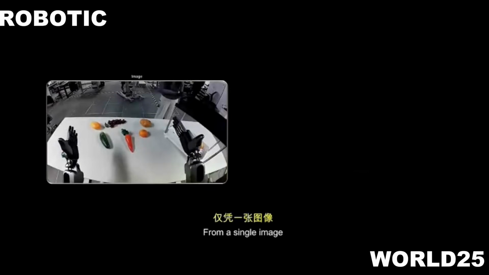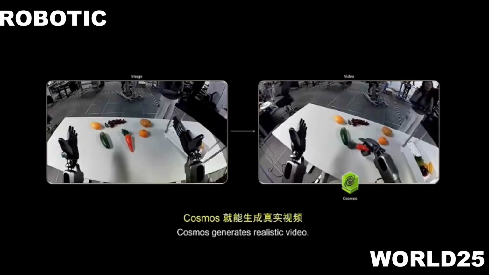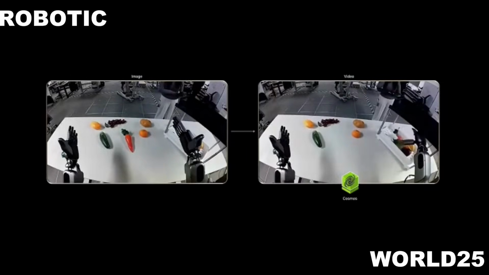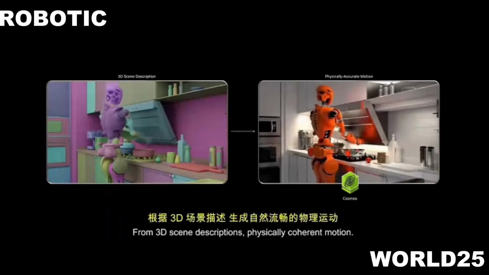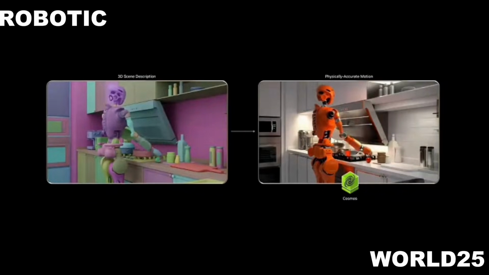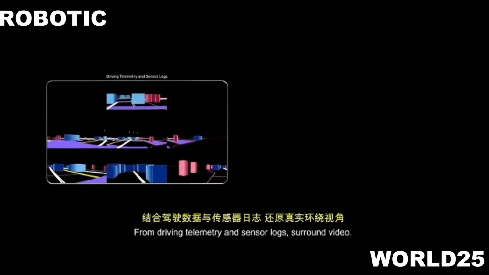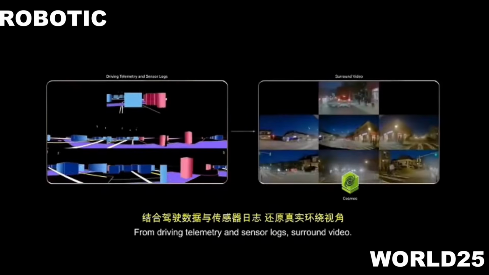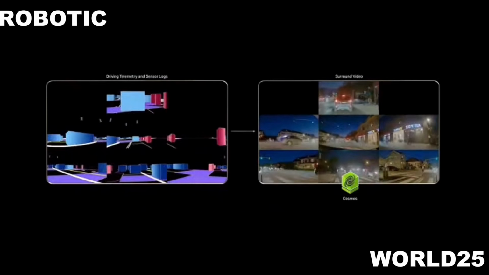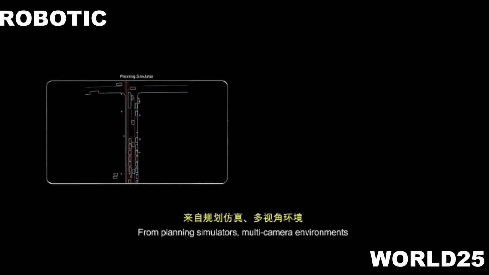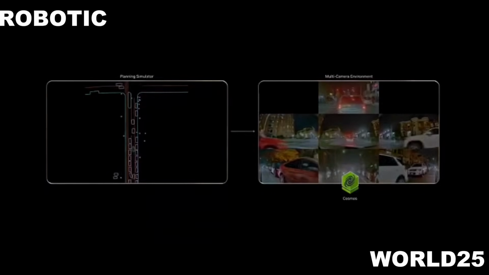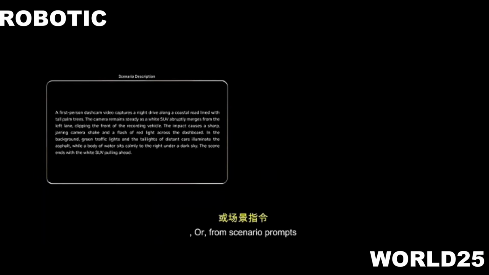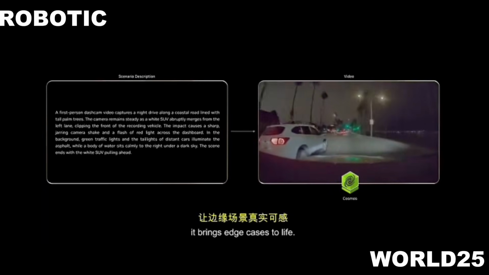From a single image, Cosmos generates realistic video. From 3D scene descriptions, physically coherent motion. From driving telemetry and sensor logs, surround video. From planning simulators, multi-camera environments. Or from scenario prompts, it brings edge cases to life.